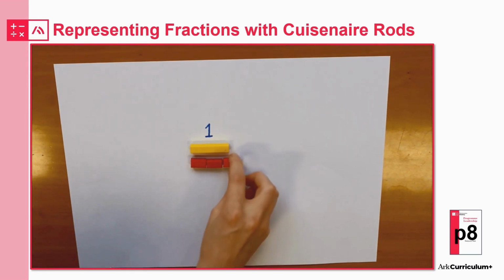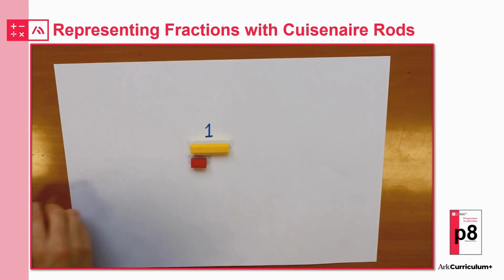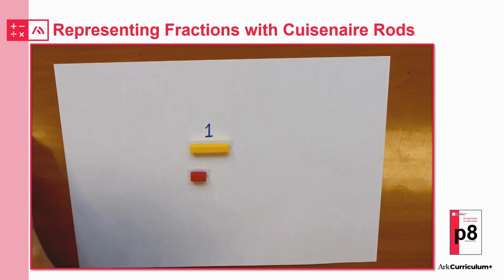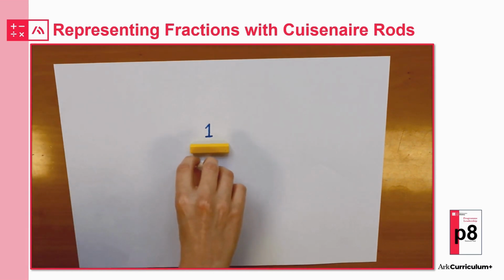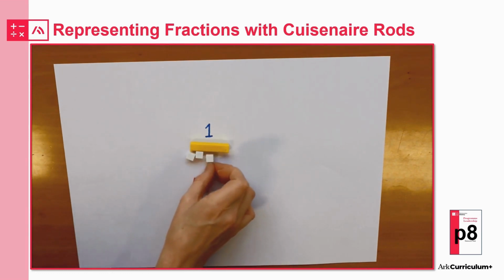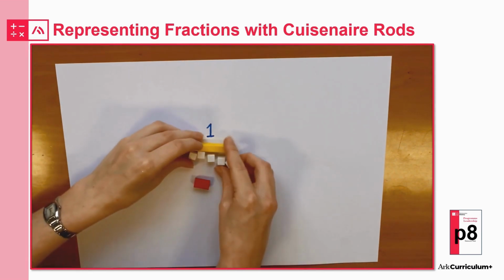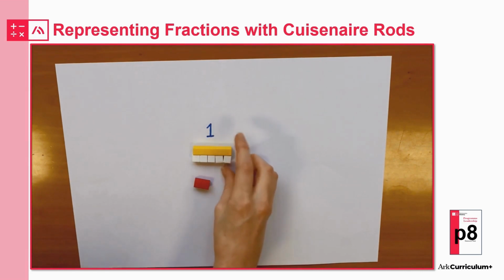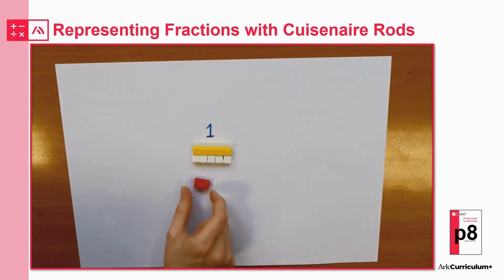And this is where we can think about using the unit cube. So if I make a train out of these unit cubes, I can see that 5 of these is the same length as the yellow.